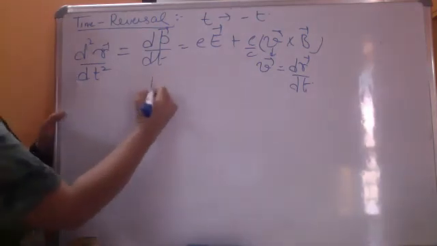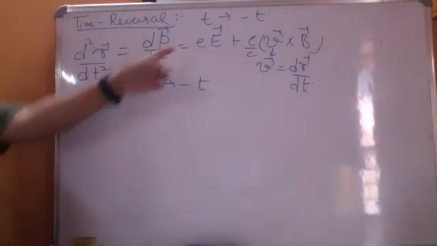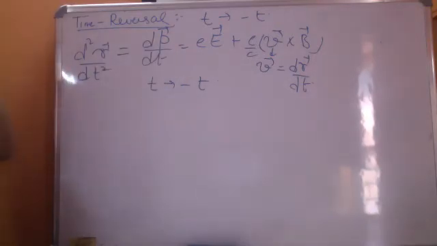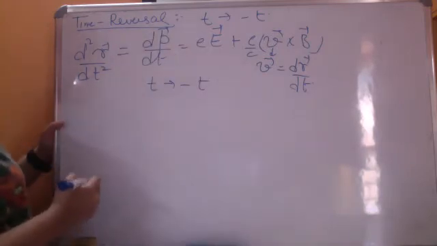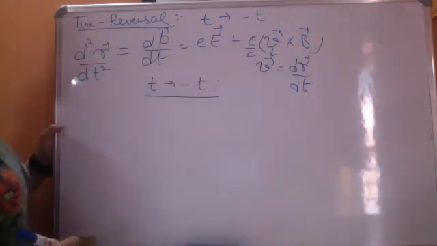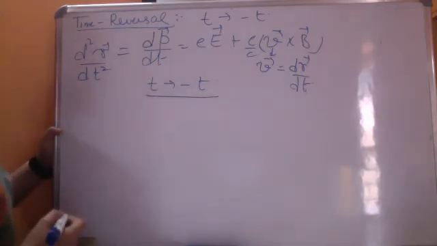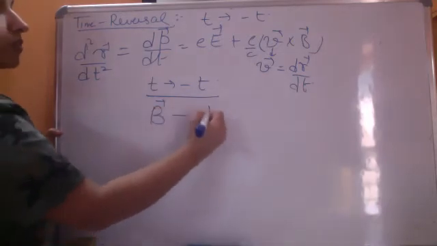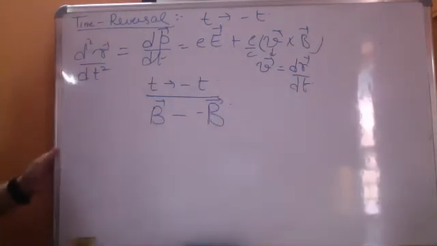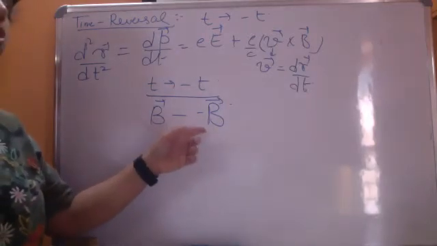So when I change t to minus t, for this equation to remain invariant, if I impose time reversal on these equations, these equations will remain invariant under time reversal if and only if, along with t going to minus t, I also change B to minus B. This is a very important property because B is not a pure vector.